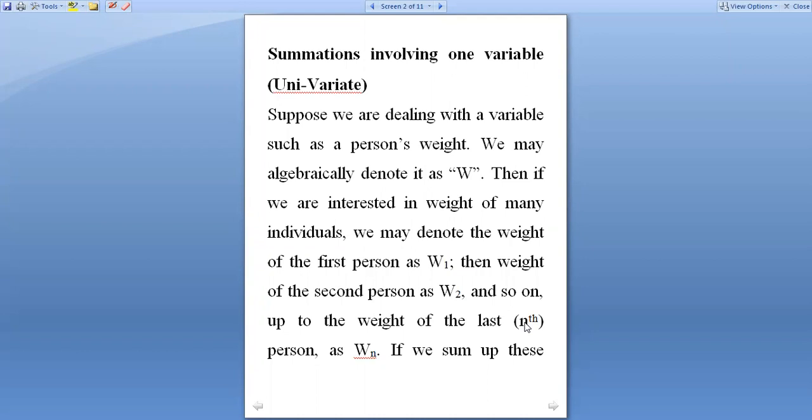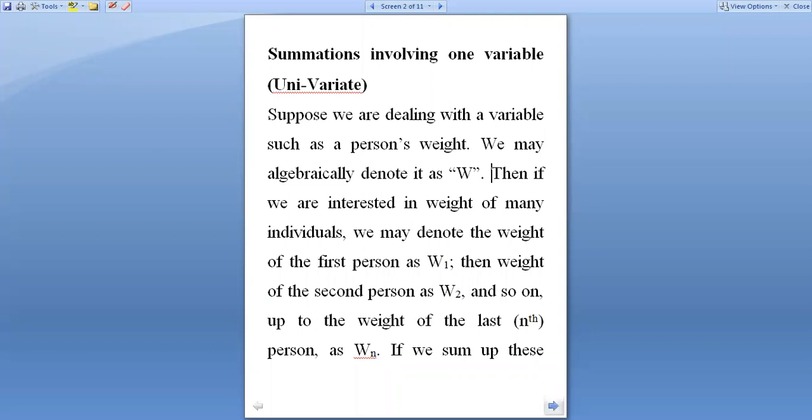You could be having 20 people, first, second, third, fourth. So the 20th person is the last person. When we don't know the last number, we usually represent it with n. So that's why here we are saying the weight of the nth person, the weight of the last person, and we represent it with Wn.